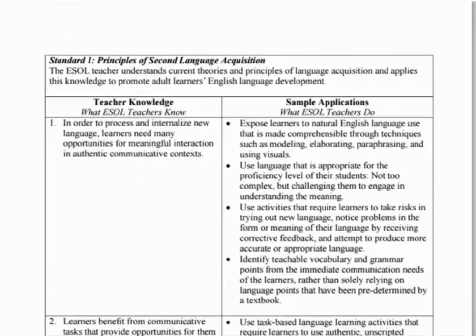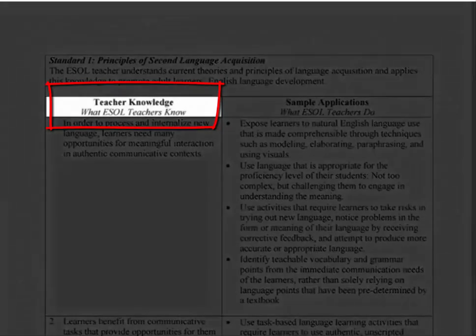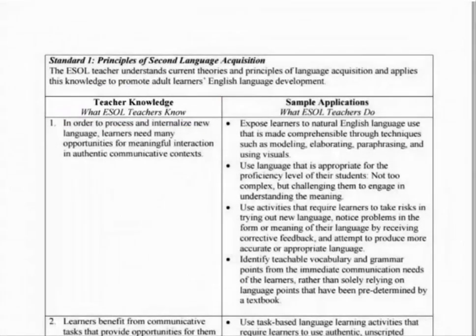What ESOL instructors need to know and be able to do is the subtitle to the standards document. Each standard outlines 5 to 7 essential indicators of teacher knowledge. They are articulated as statements, facts, or beliefs. They are well supported through research or evidence-based practice and are central to the fields of ESOL, TESOL, Applied Linguistics, and Second Language Acquisition.